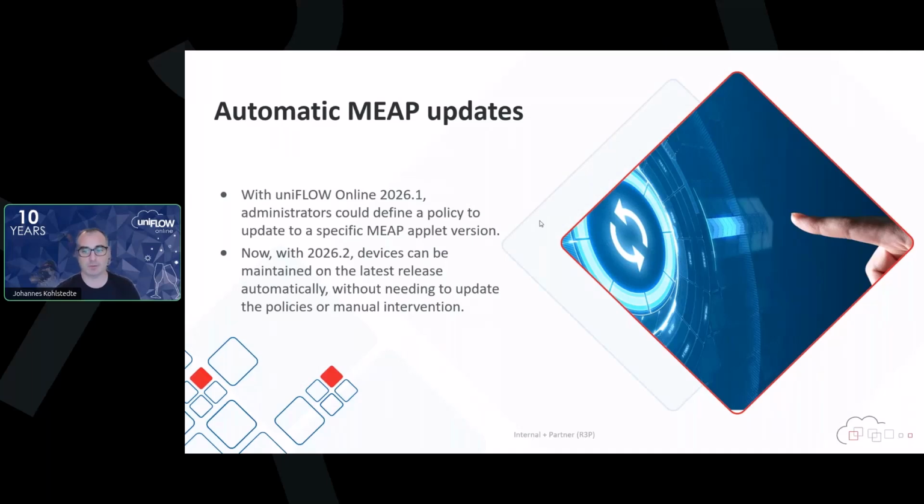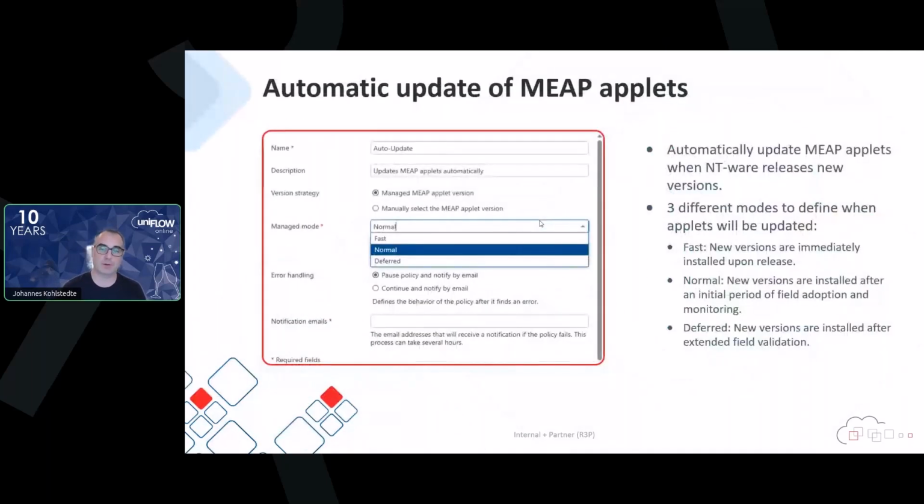So what are we going to do about that? Well, we thought about that, and we have introduced 3 different modes for update settings. In general, it means that as soon as NTWare publishes new MEAP applets, the updates will automatically be released and installed on your devices.